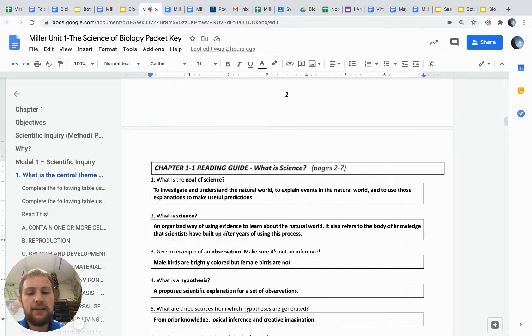And science, as I stated, is really the organized way of using evidence to learn about the natural world. It also refers to the body of knowledge that scientists have built up so far to date after years of using this process. So science is an old process.